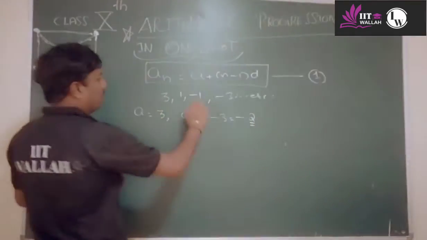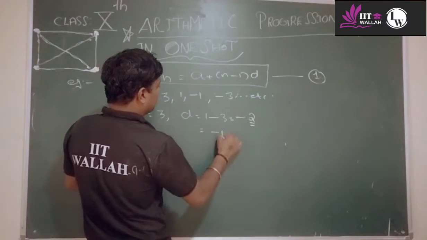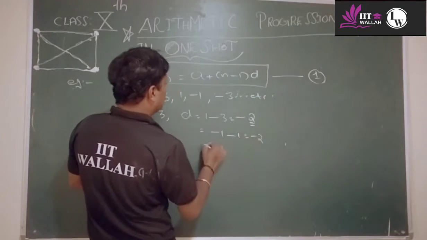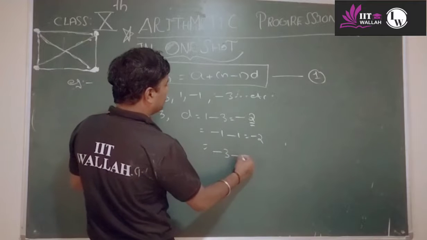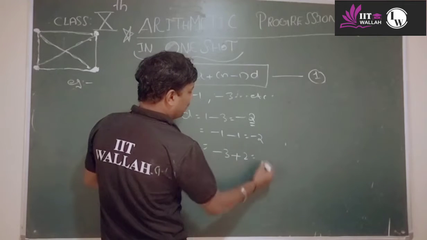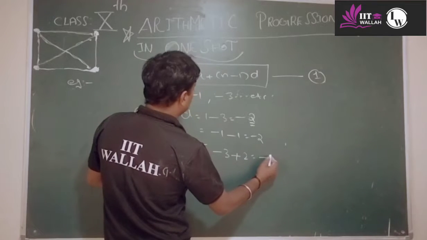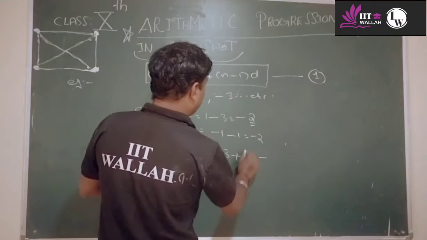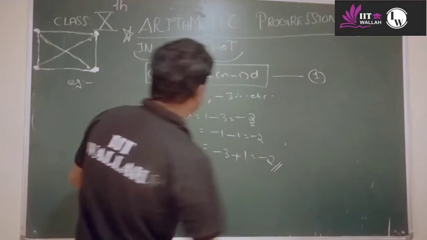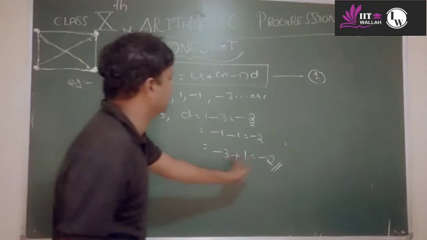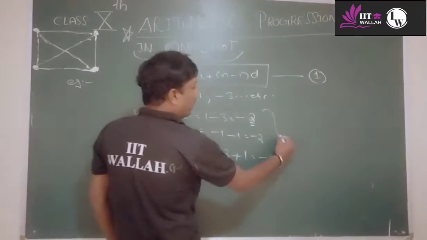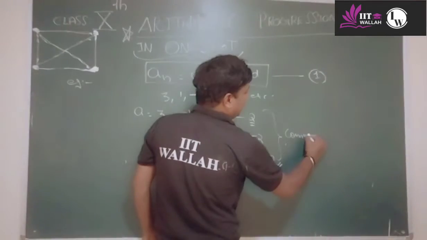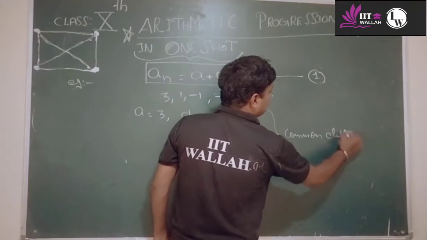See, you check here also: minus 1 minus 1 is minus 2. Here you check: minus 3 minus of minus 1, that is minus 3 plus 1, is equal to minus 2. See, everywhere the common difference is coming the same. This is the common difference.